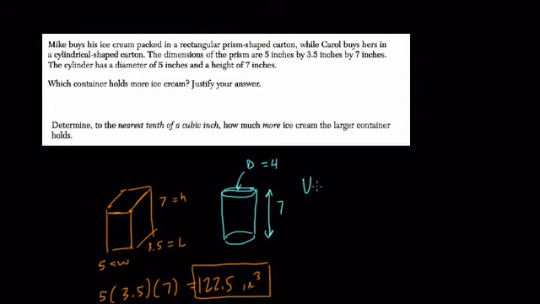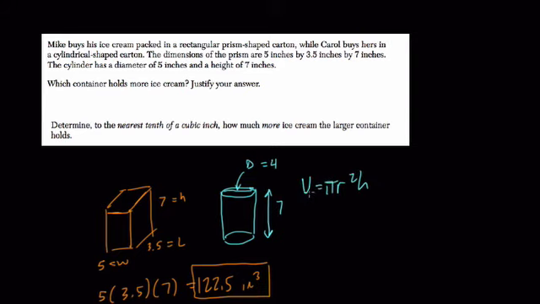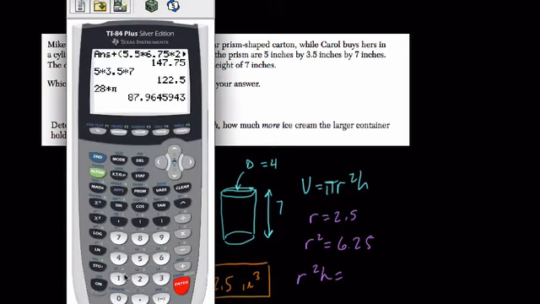However, the volume now is pi r squared h, because it's the area of a circle, pi r squared, times the height. So if the diameter is 5, that means the radius equals 2.5, and the radius squared equals 6.25, and the radius squared times the height equals what? Well, we have 6.25 times 7.